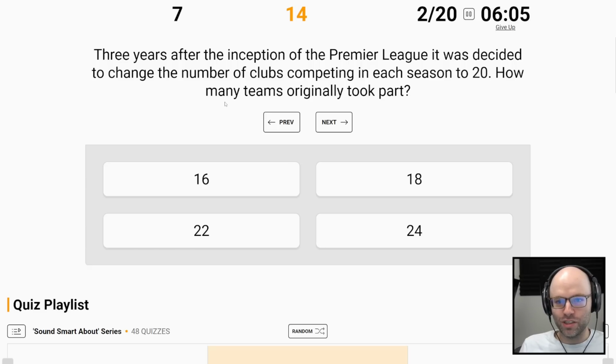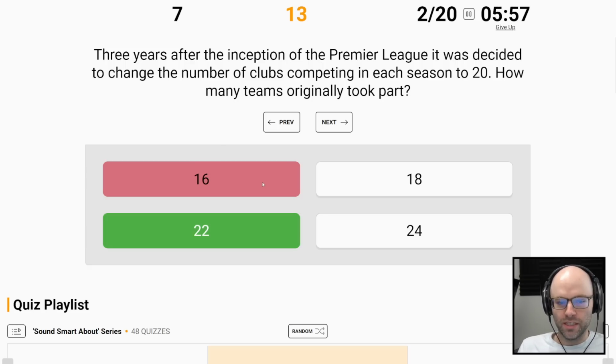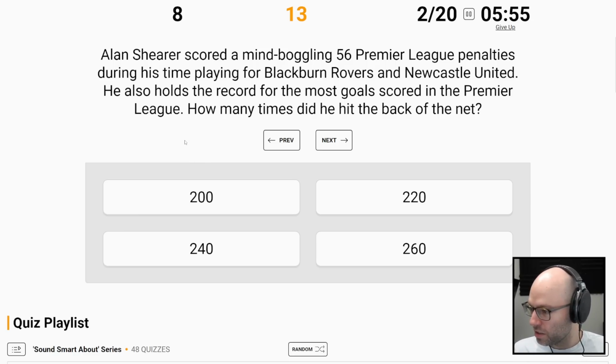3 years after the inception of the Premier League, it was decided to change the number of clubs competing in each season to 20. How many teams originally took part? 16. 20. They cut 2? They went through a reduction? I didn't know that sports could do that. Alan Shearer scored a mind-boggling 56 Premier League penalties during his time playing for Blackburn Rovers and Newcastle United.